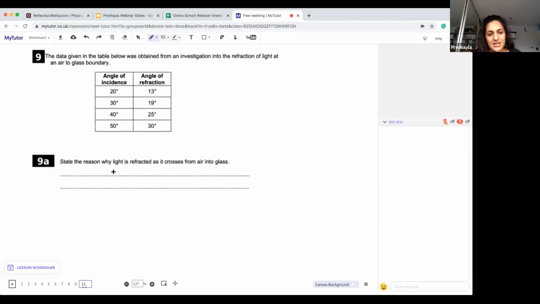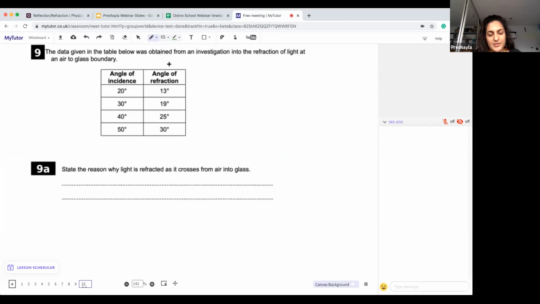So this is a table from someone doing an investigation in the refraction of light. Why is light refracted as it crosses from air into glass?